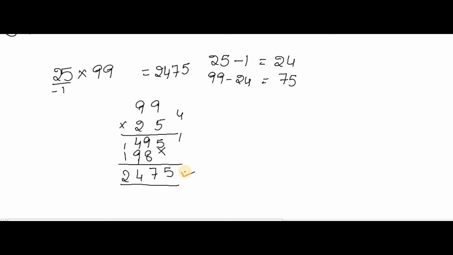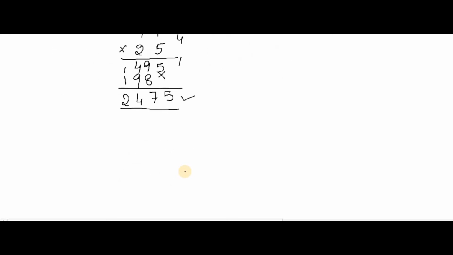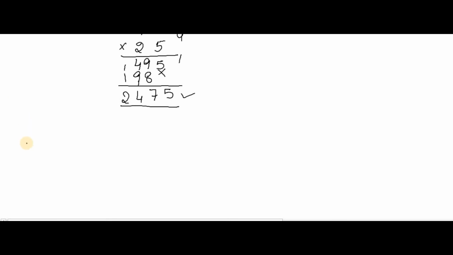Okay friends, now I'll go with one more example to make it more clear. 37 multiplied by 99. So what is our first step? 37 minus 1, you all know that is 36, and 99 minus 36, that is 63.